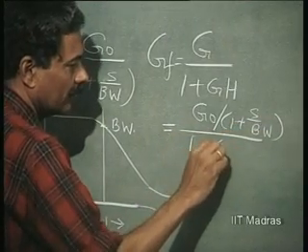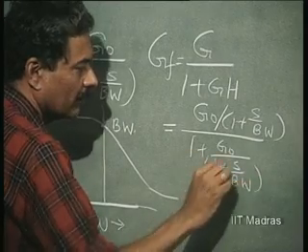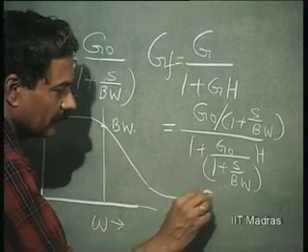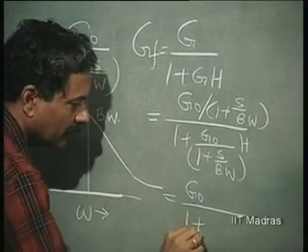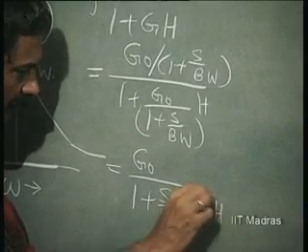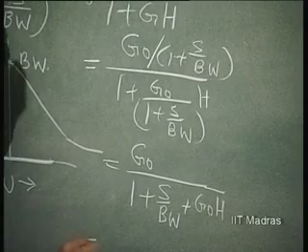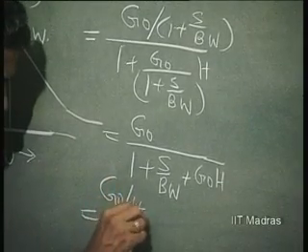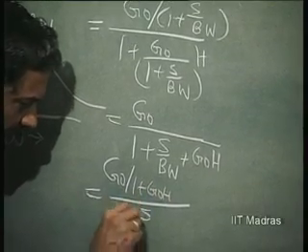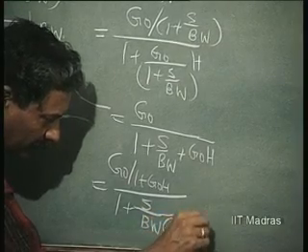So, G naught divided by 1 plus S by bandwidth, divided by 1 plus G naught divided by 1 plus S by bandwidth into H, which can be written as G naught by 1 plus S by bandwidth plus G naught H, dividing the numerator as well as the denominator by 1 plus S by bandwidth, G naught by 1 plus G naught H divided by 1 plus S by bandwidth into 1 plus G naught H.